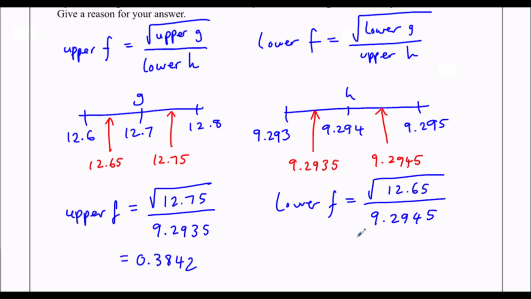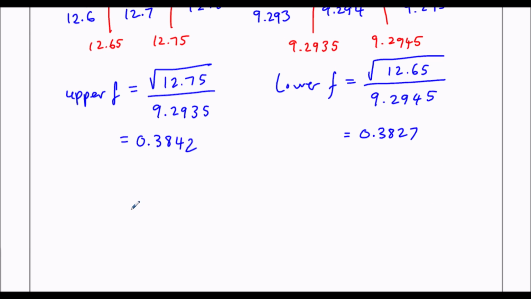0.3827. Okay, so we've got our upper bound and our lower bound. What do they both round to? They're not the same to 4 decimal places. We can see we've got 2 different numbers here. To 3 decimal places, we'll have 0.384 and 0.383.